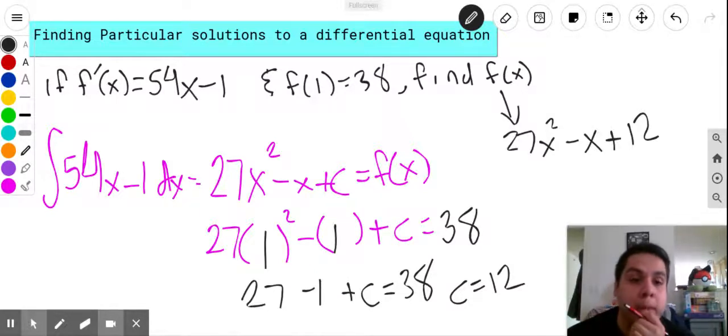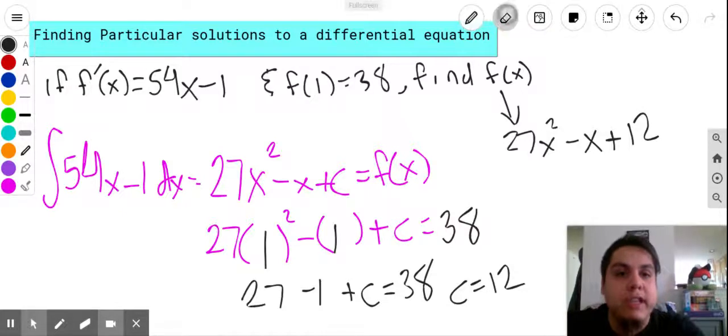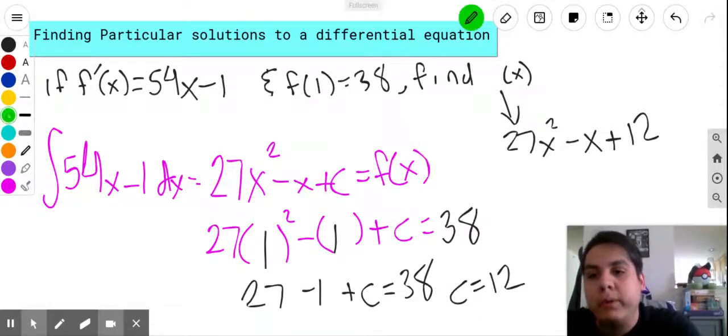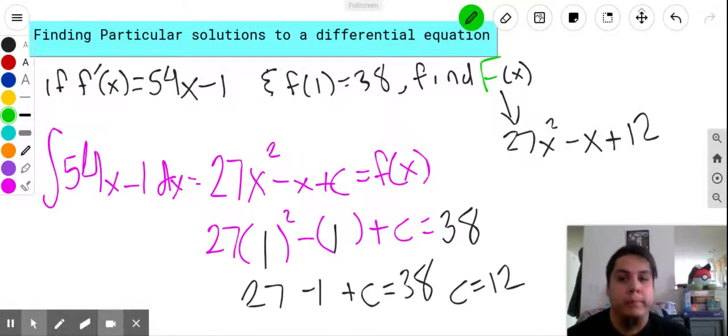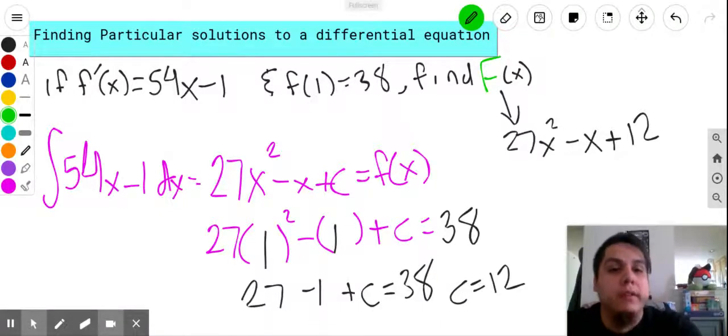Okay? So let's do this. Let's keep the f prime of x. Let's keep the f of 1 equals 38. But instead of finding lowercase f, let's change that to capital F. And I need one more piece of information.